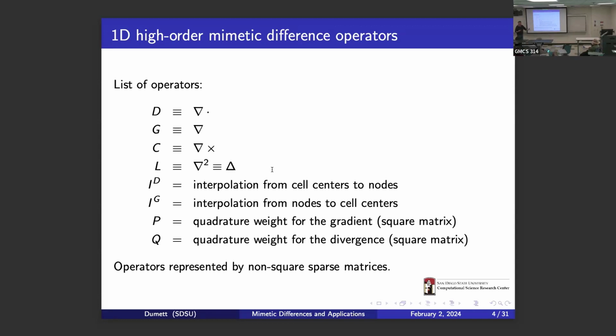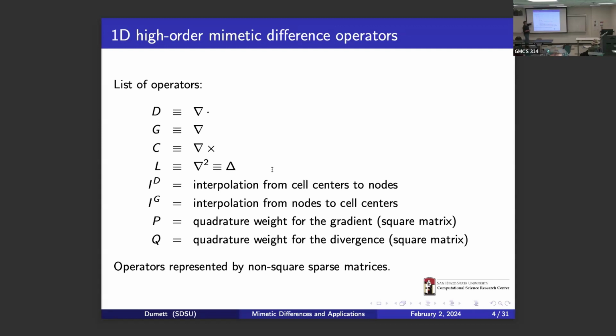There should be a way to pass from one grid to another. So I need an interpolation from centers to nodes, and another one from nodes to centers. And since we are in a context of vector calculus, to approximate integrals I will need some high order quadrature. And these are matrix representations of them.